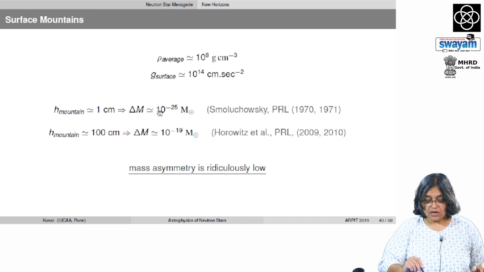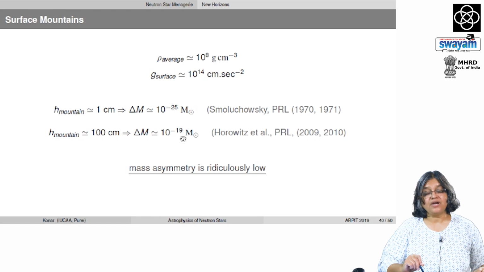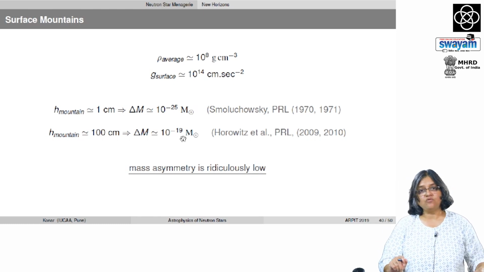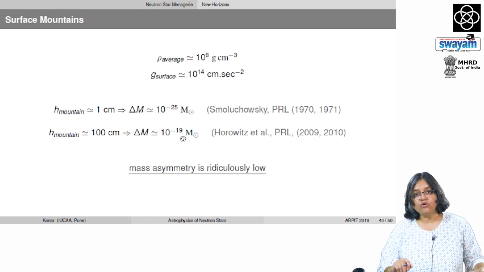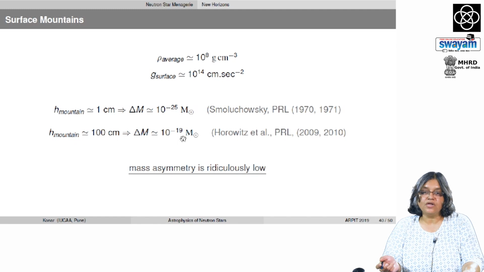So, this was the original estimate of 10 to the power minus 25 solar mass. Modern estimates of crustal strength etcetera have upgraded the number significantly, but even then it is very small. So, ordinary surface mountains, that are surface inhomogeneities, are incapable of producing gravitational waves that would be easily detectable by our ground based observatories or even the space based observatories that are being planned today.